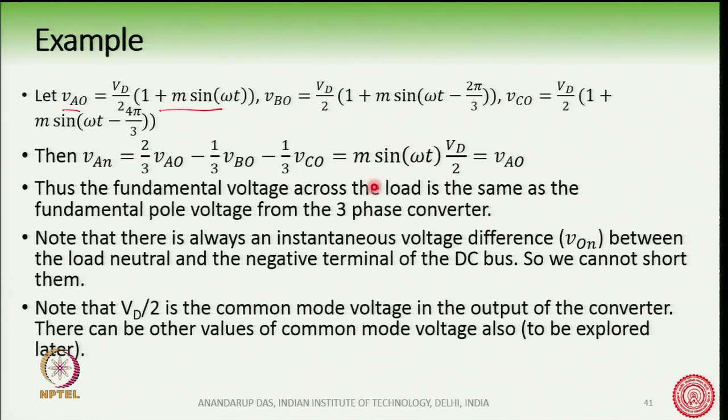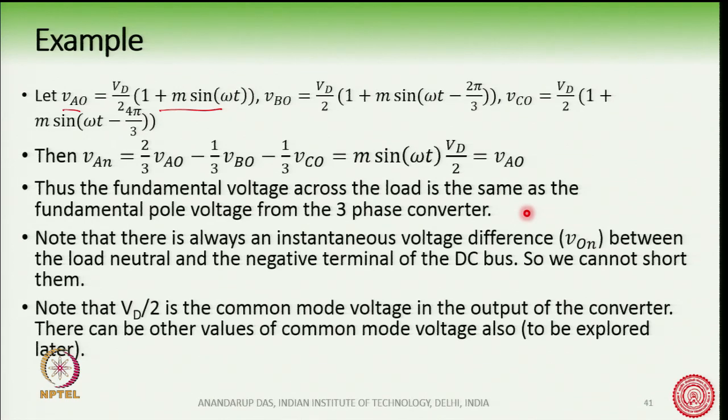Okay, m sin omega t into Vd by 2, which is exactly equal to the fundamental voltage present in the pole voltage. So, we see that the fundamental voltage inside the pole voltage is exactly equal to the fundamental voltage that gets impressed across the load.